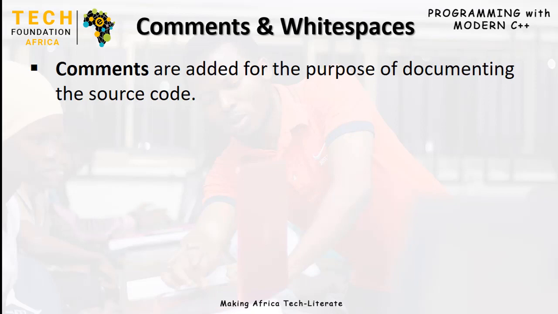Or assuming someone else takes your source code to read, it is going to be difficult for the person to understand some of the things that you did. So by putting comments in code, we add explanations so that whoever ends up reading the code would understand what we intended to do.